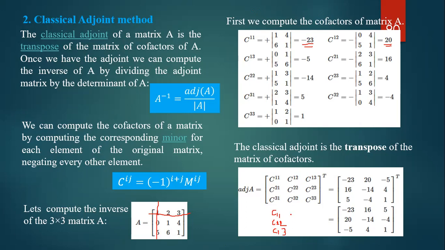Again, the entry here is C21, C31 in the transposed matrix. Similarly for all entries. Finally, this is the C matrix, and the transpose gives us this value.